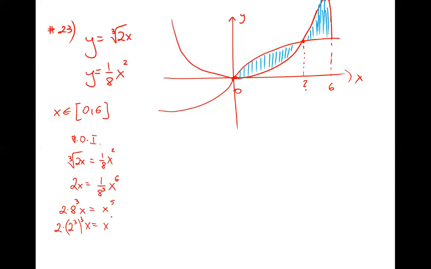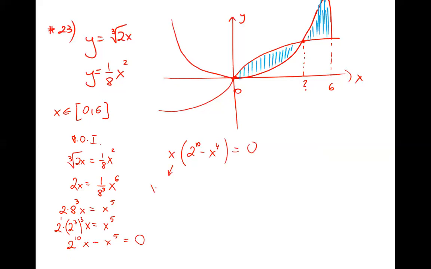Let me keep this because we can't miss it. That means this is 2 to the power of 9, and to the power of 1 will give me 2 to the power of 10. And I will subtract x to the power of 5. Okay, quite an impressive equation. That means now I can factor out x, 2 to the power of 10, and x to the power of 4.